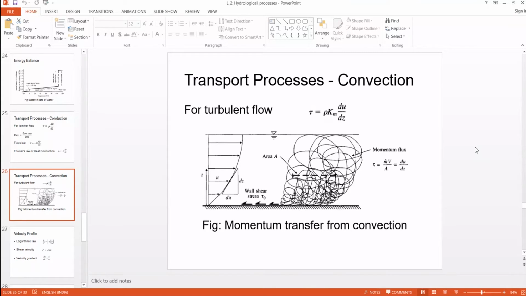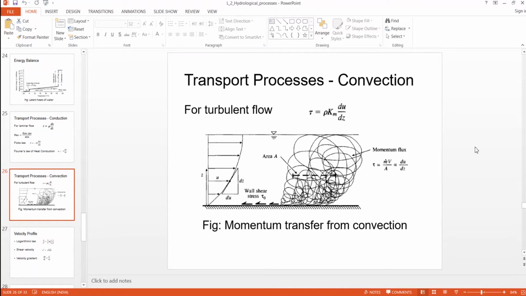That is given by a similar equation to the conduction, that is tau is equal to rho km du by dz, where km is called eddy viscosity. In the previous conduction, tau is equal to mu du by dz, where mu is the viscosity of the fluid, that is the fluid property, which has nothing to do with the turbulence. But here in turbulent flow, tau is equal to rho km du by dz, where km is called eddy viscosity.